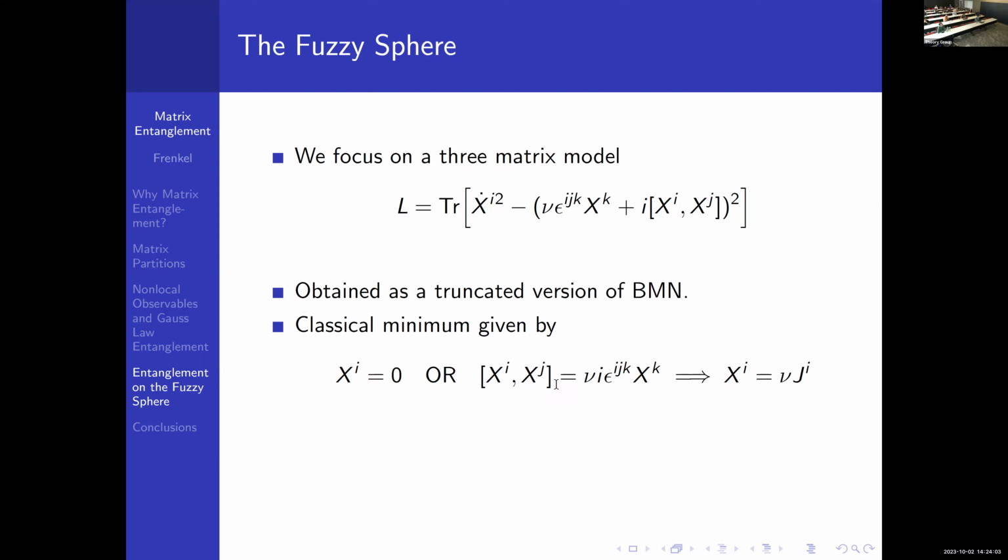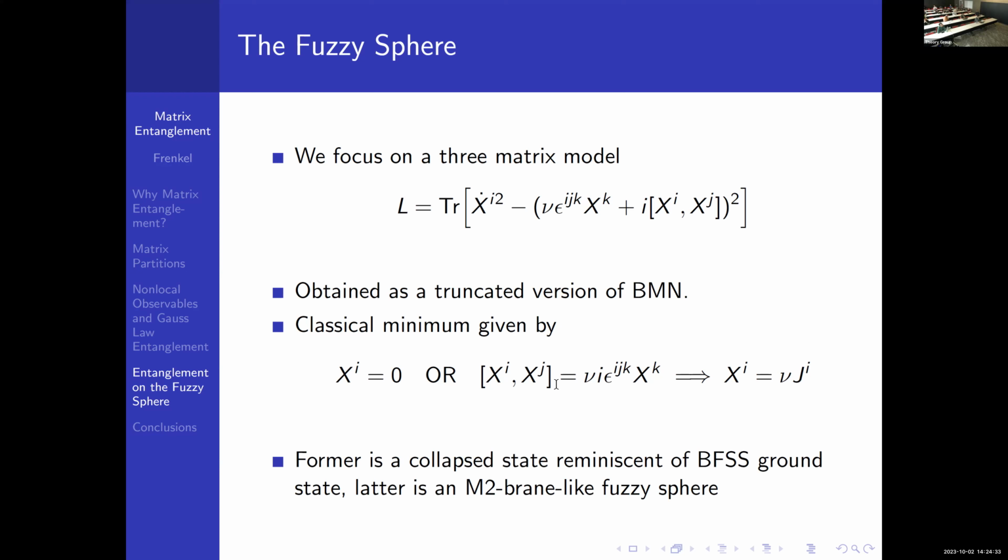So this can be thought of as a truncated version of BMN, where we've forgotten about 6 of the matrices, and we've chosen a potential so that representations of SU(2) are the classical minima of this potential. So the strategy is we're going to work around the classical minima. We're going to consider wave functions that are localized to the classical minima when μ and N get large, and we're going to expand in some quadratic normal modes of the potential.